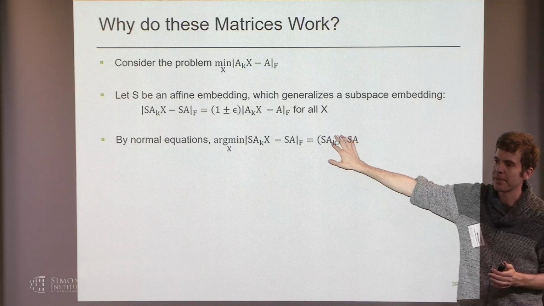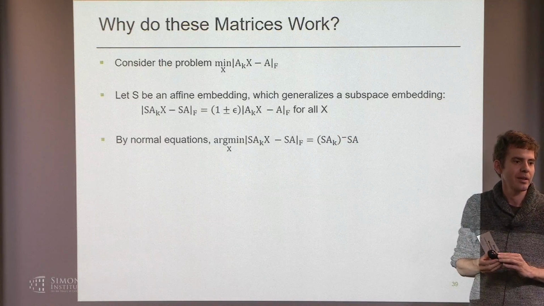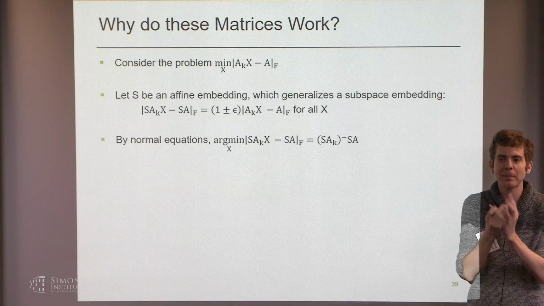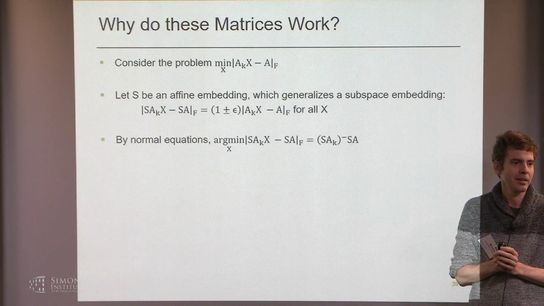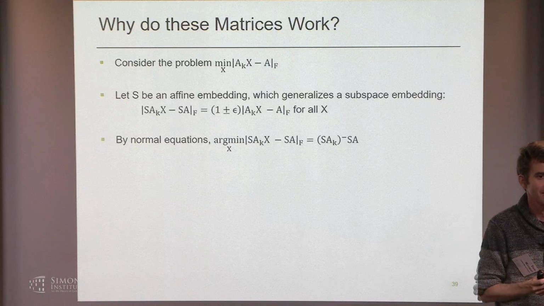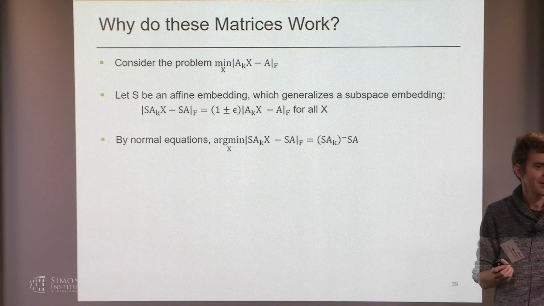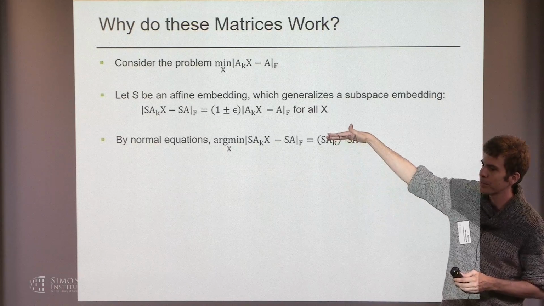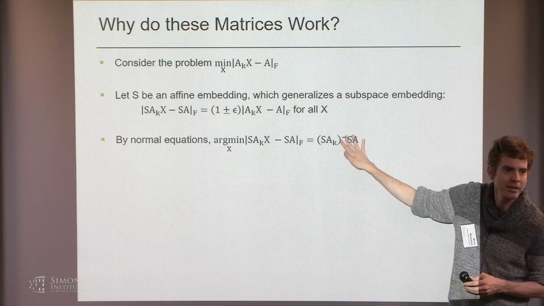But where does this matrix live? Like, where do its rows live? What subspace do the rows live in? Yeah, I think someone said it. SA, right? This is a matrix which has rank K, and it lives inside the row span of SA.